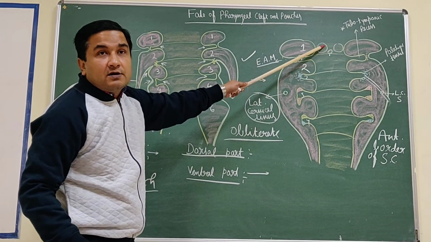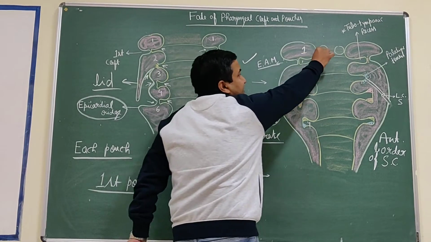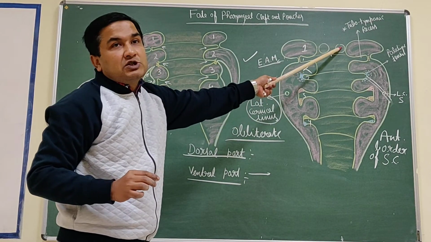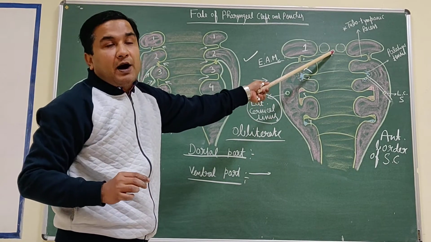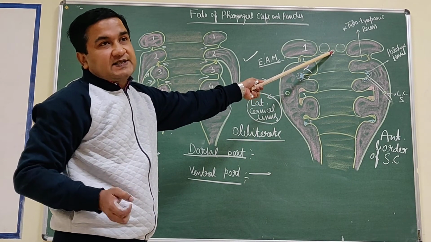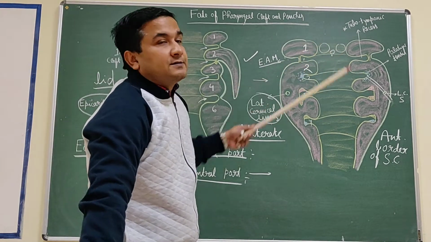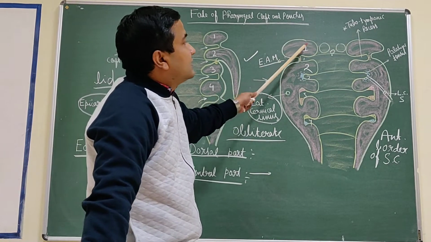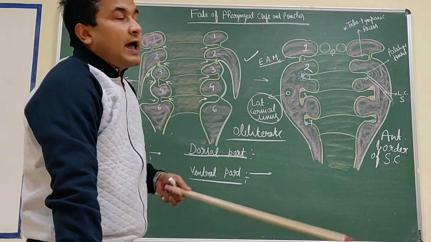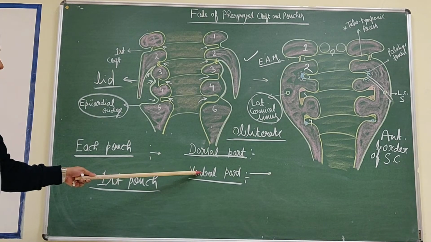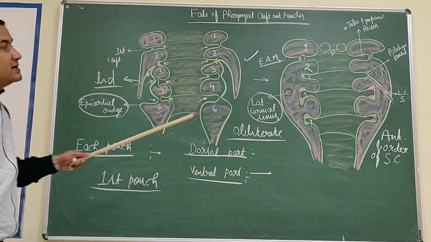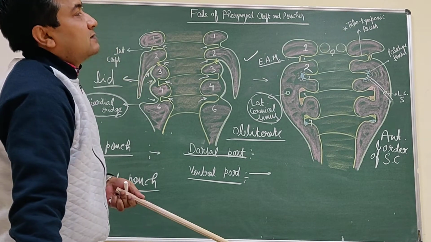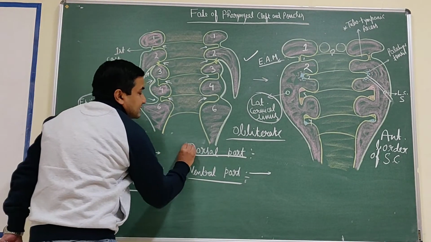On this floor, there is a formation of the tongue. These are the 2 lateral lingual swellings, and this is the tuberculum impar. It will be discussed in the development of the tongue. So these swellings are formed in relation with the first arch, and the ventral part of this first pouch is obliterated by the formation of the tongue. Only the dorsal part remains.